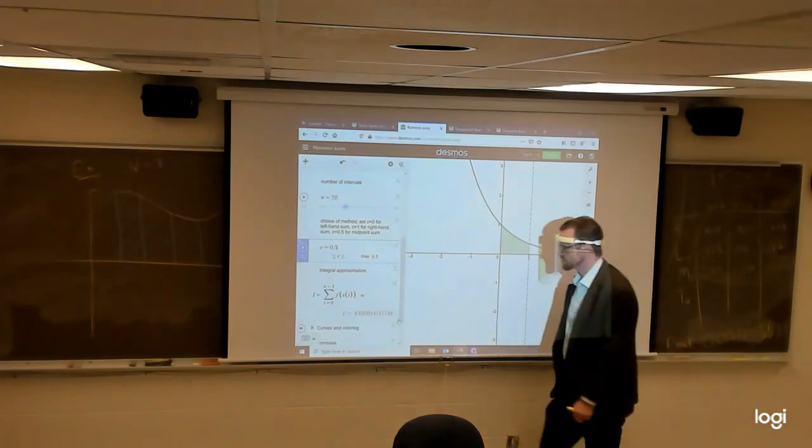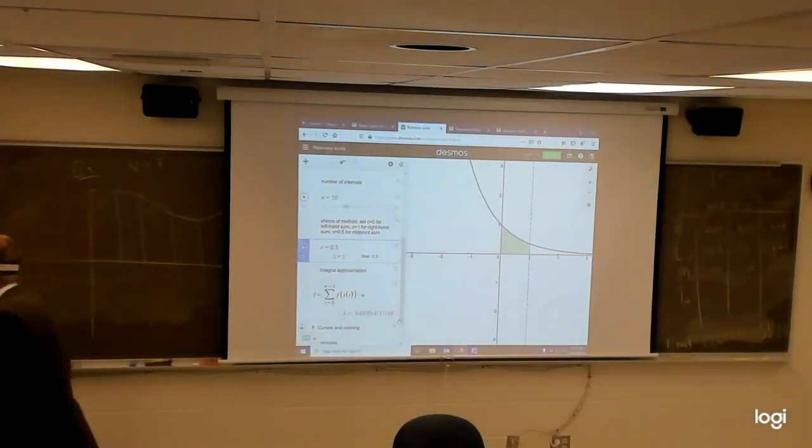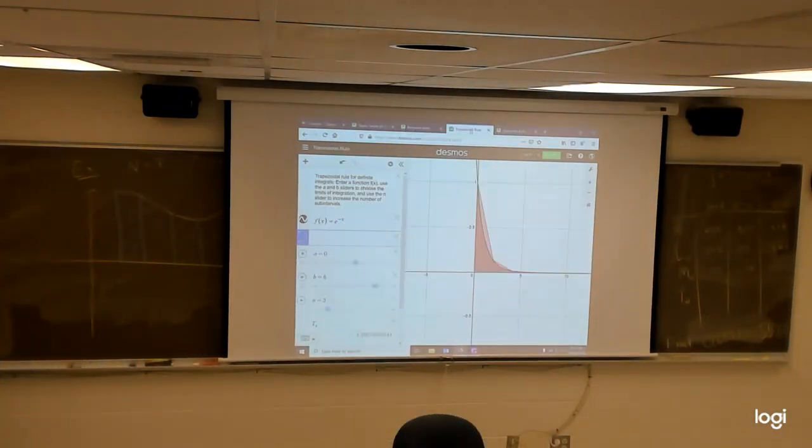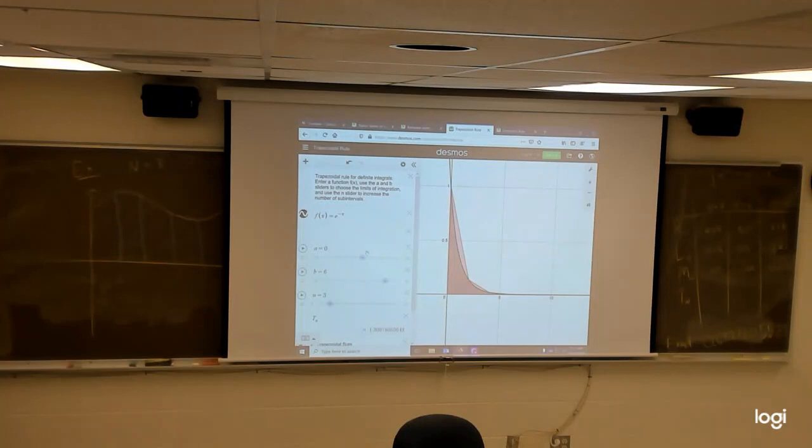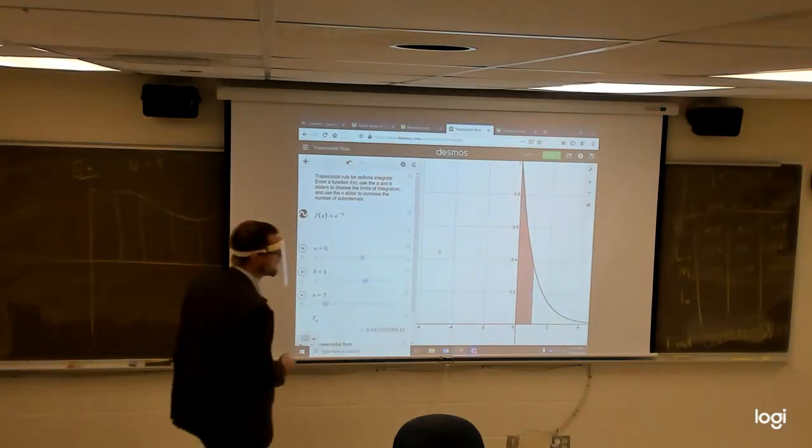All right, so let's see how trapezoid does. It's got its own Desmos page and pictorial aids here. And you can see it's drawing the trapezoids and everything. So with n equals 2, oh yeah, sorry, I went ahead and put 0, 1. So with n equals 2, we have 0.645.